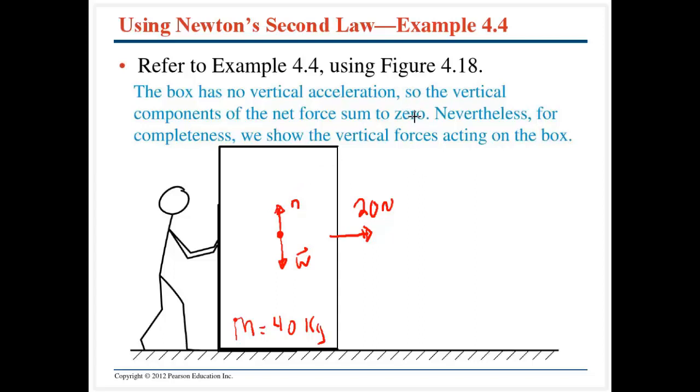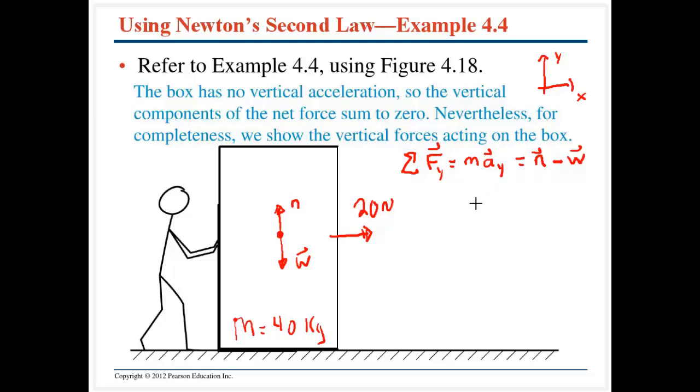Now that we've drawn all the forces on this box, let's take a look at the x and the y directions separately. Let's say in the y direction, we sum up all of our forces, and that's equal to the mass times the acceleration in the y direction, which is the normal force in the positive y direction and the weight in the negative y direction.